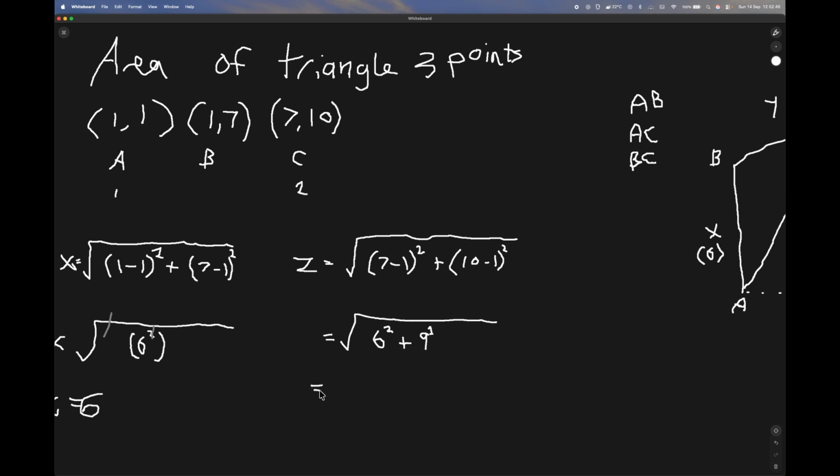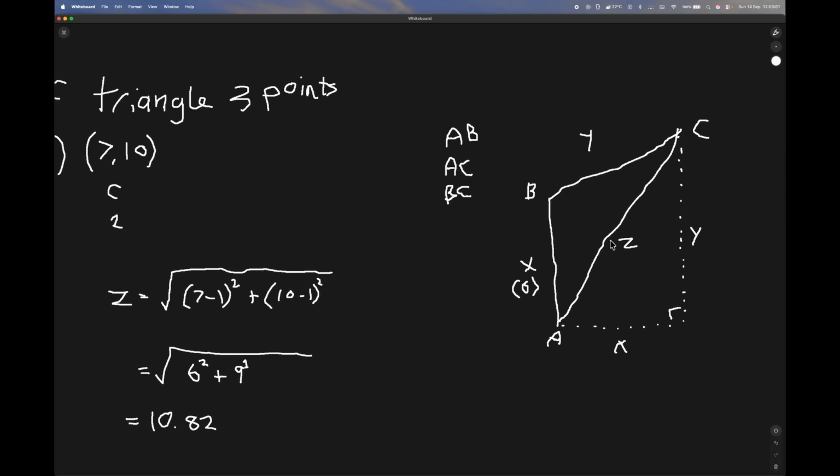I'm just going to put that into my calculator, square root of 6 squared plus 9 squared is equal to 10.82. Over here.